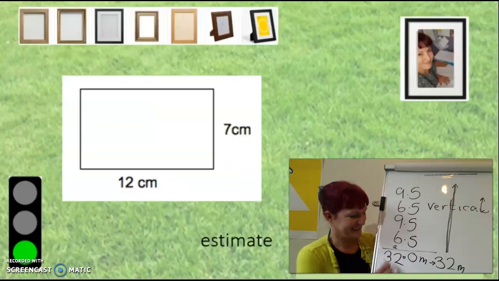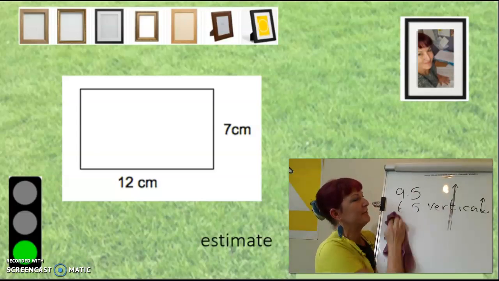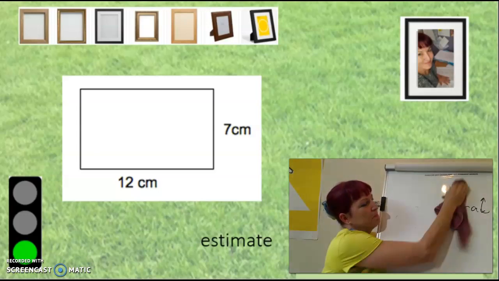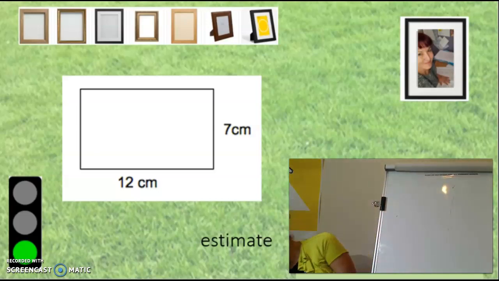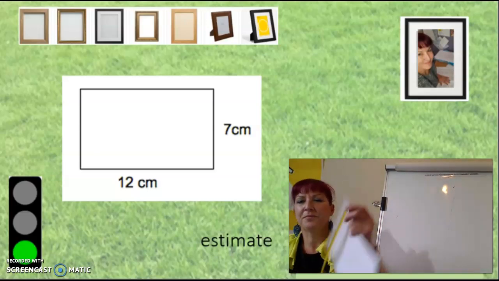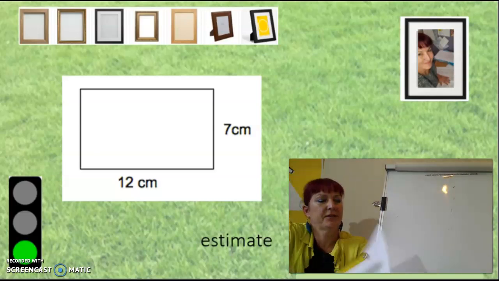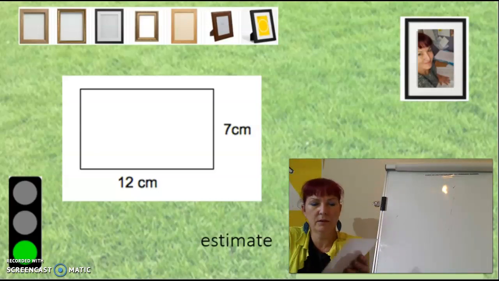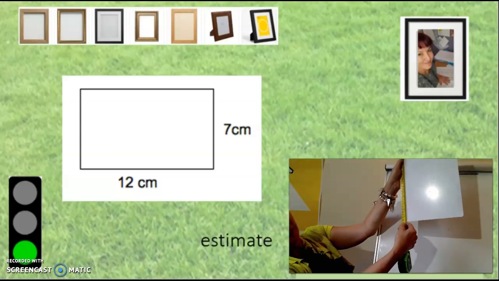Lovely. Next question. Oh, I like this one. This is what you often see as you're going up your levels in maths. This question expects you to know something. And what it expects you to know is this. If I measured this, just like that, it measures to 30.